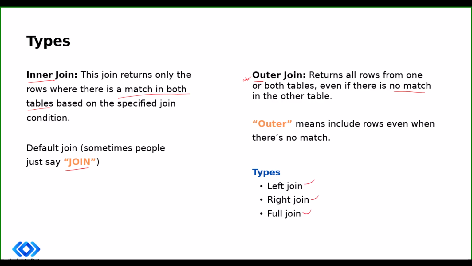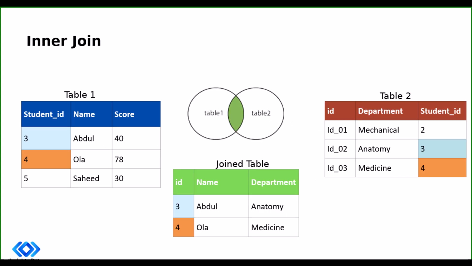Let's look into how this is used in SQL. Starting with the inner join, as we mentioned earlier, the inner join only joins rows that match in both tables. Looking at this first and second table, table 1 has some rows here, like row 3 and row 4, that correspond with some rows in the second table, table 2, like these 2, 3, and 4 over here.